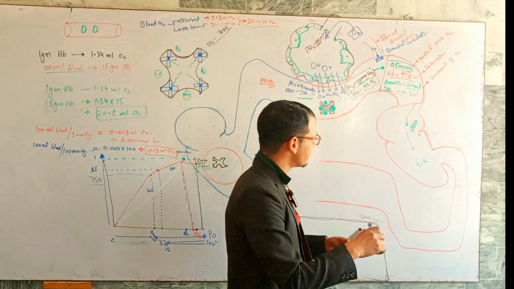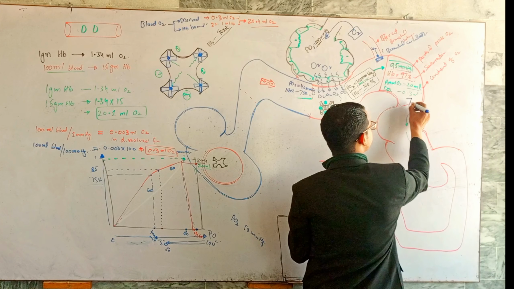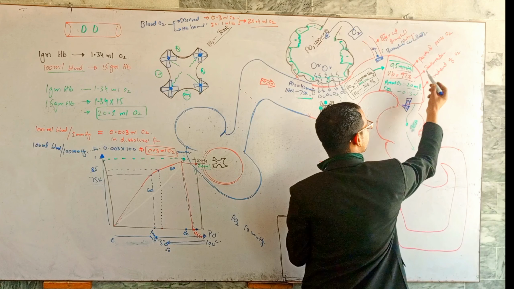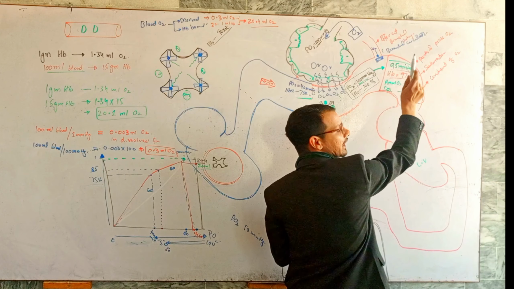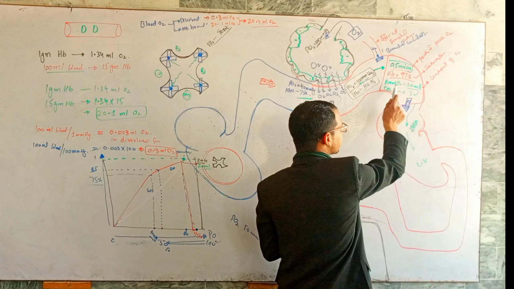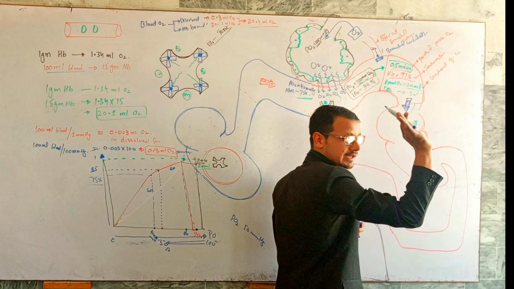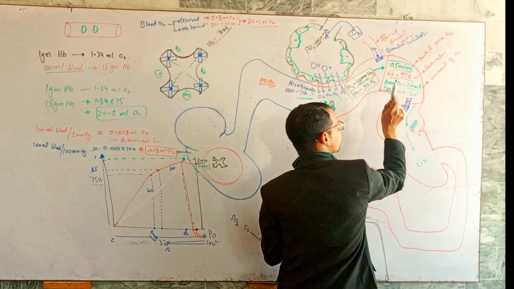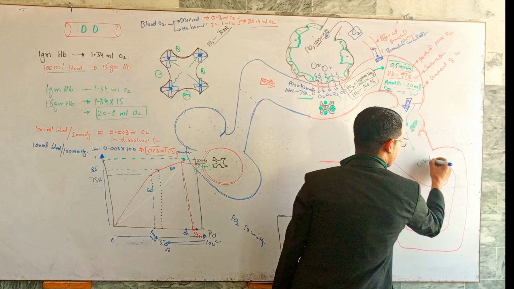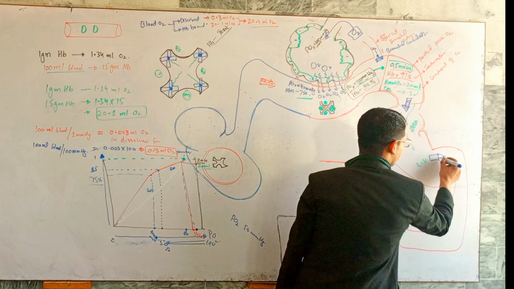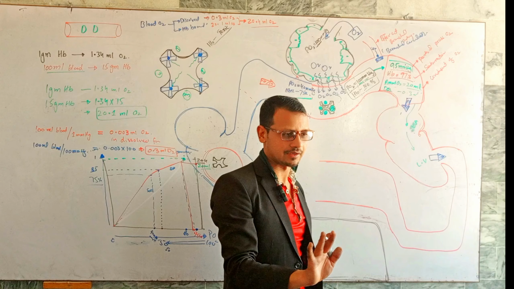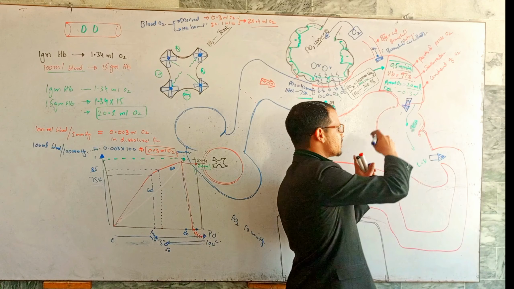Now this is the entry point of blood to the heart, where the partial pressure is 95 mm of Hg, the saturation is 97%, the amount of oxygen is 20 ml, and dissolved oxygen is 0.3 ml. This is the entry point, and this is the exit point of the blood, which is the same as entry, because no oxygen is consumed here.